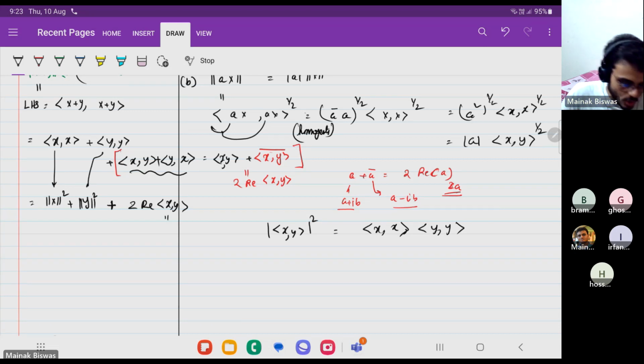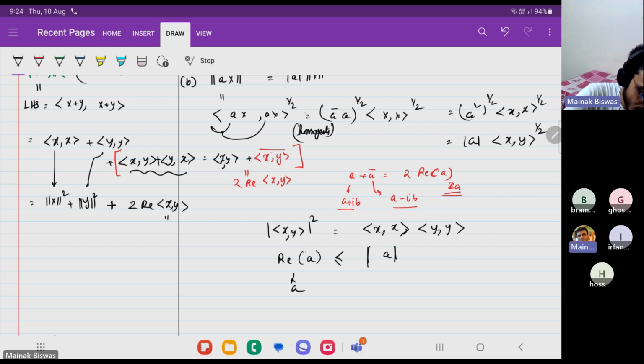Any idea? So do you agree real of A is less than or equal to norm of A? Yes or no? Real part of A is just a. So if your A is some x plus iy, the norm is x squared plus y squared under the root, and the real part is just x.